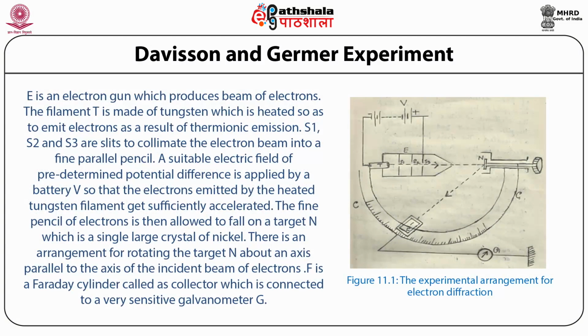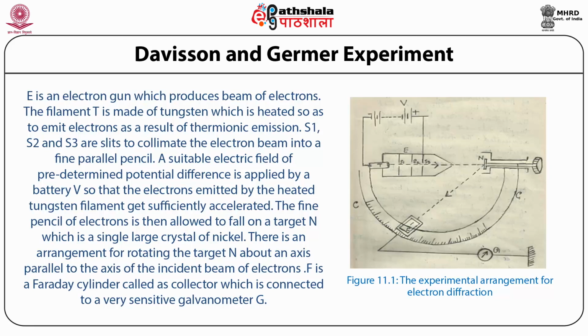E is an electron gun which produces a beam of electrons. The filament, T, is made of tungsten, which is heated so as to emit electrons as a result of thermionic emission. S1, S2, and S3 are the slits to collimate the electron beam into a fine parallel pencil.